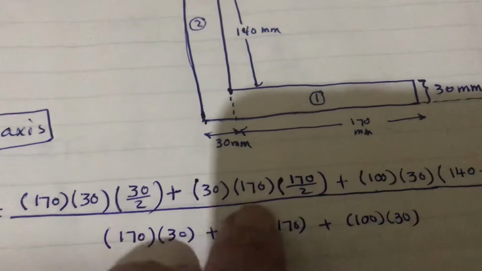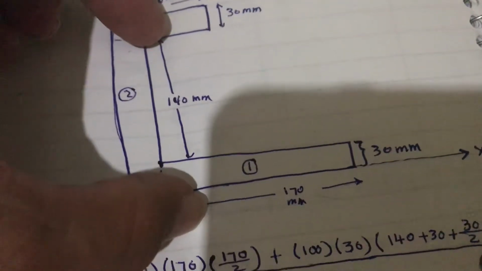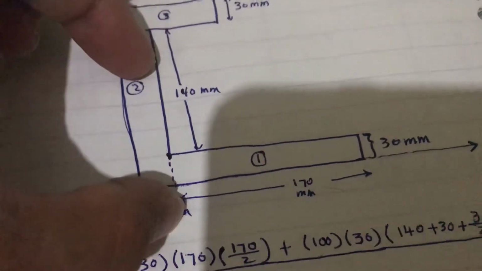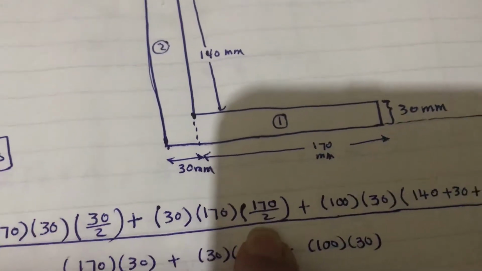So 170 times 30. Since it's a rectangle, what is the center? 140 plus 30, the center away from the x-axis, 170 divided by 2.